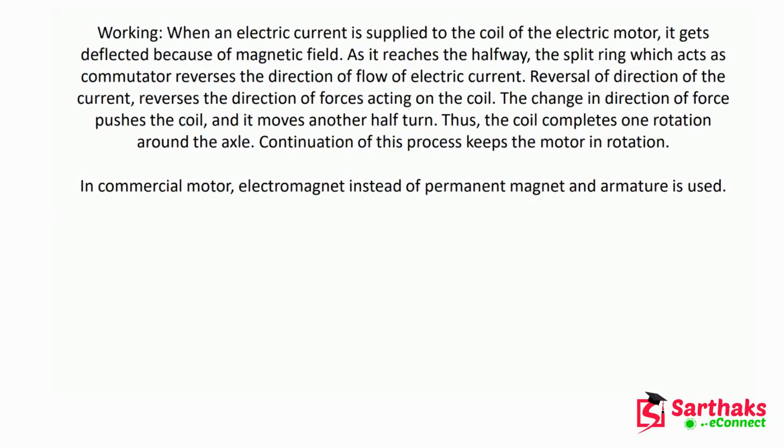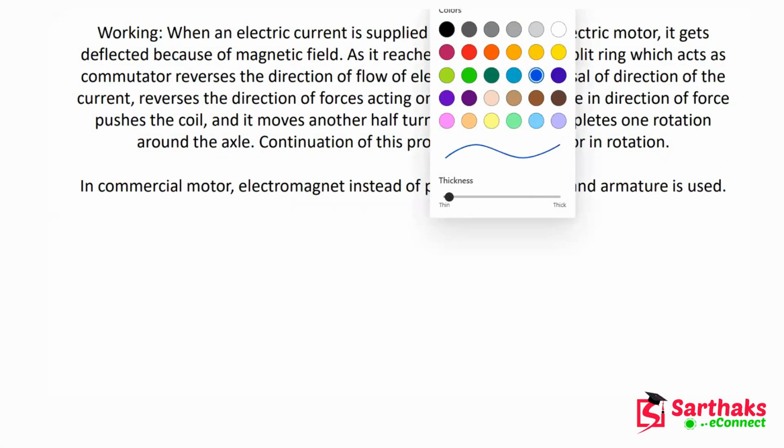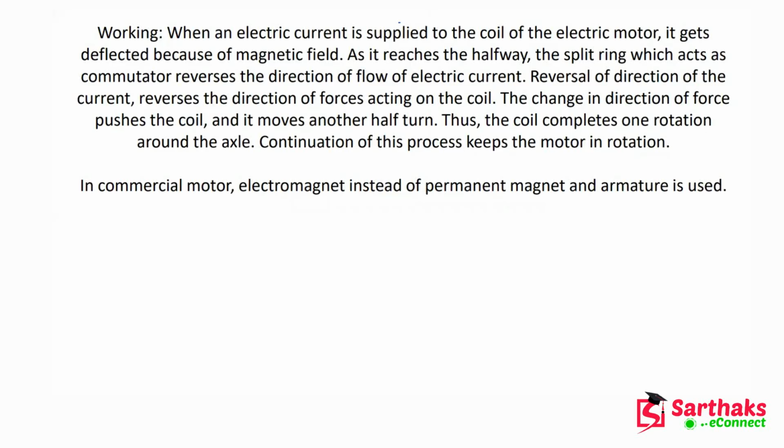So here the working comes, and this working is very important. First, let's read this theory and then I will tell you what actually happens here. When an electric current is supplied to the coil of the electric motor, it gets deflected because of the magnetic field. As it reaches halfway, the split rings, which act as a commutator, reverse the direction of flow of electric current.